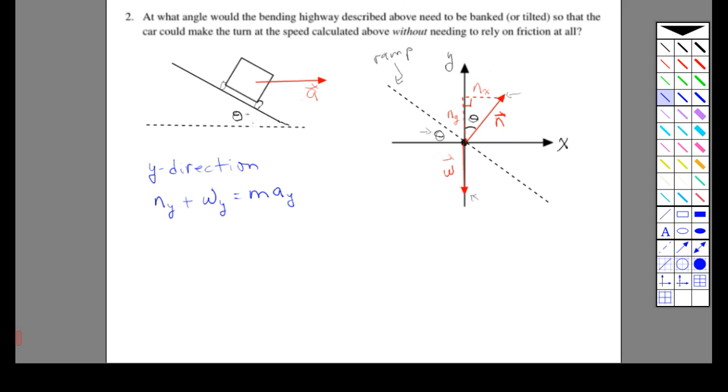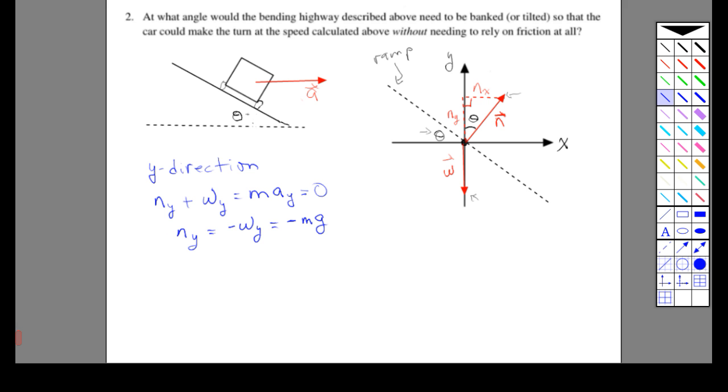Now this car is staying at the same height as it goes around this ramp, so its y acceleration is 0. So the y component of the normal force is equal to the negative y component of the weight. The weight is in the negative y direction, so its y component is negative, just mass times the acceleration due to gravity.